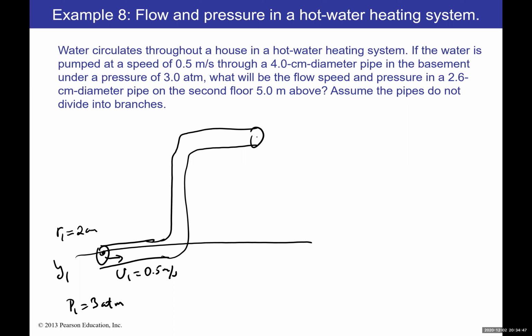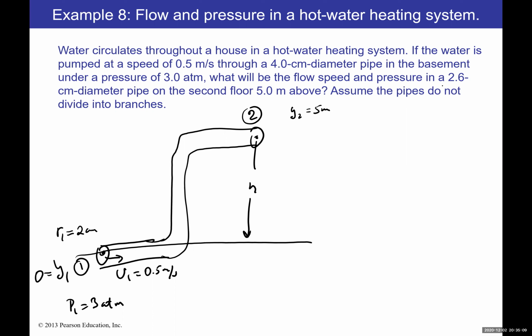Then when it goes to the second floor, we're going to take this to be point 2. We're given that it is 5 meters above, so y2 equals 5 meters, and y1 equals 0.